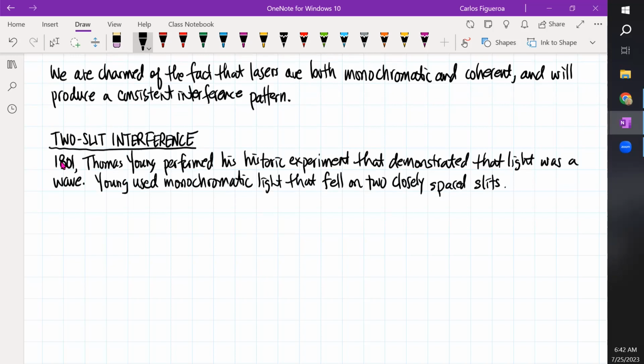Now, what you're seeing here is that he did not have a coherent source. But what he did here is that he had two tiny slits like this. And so what happens here is he sent in monochromatic light. Let's say that this light is coming in like this.